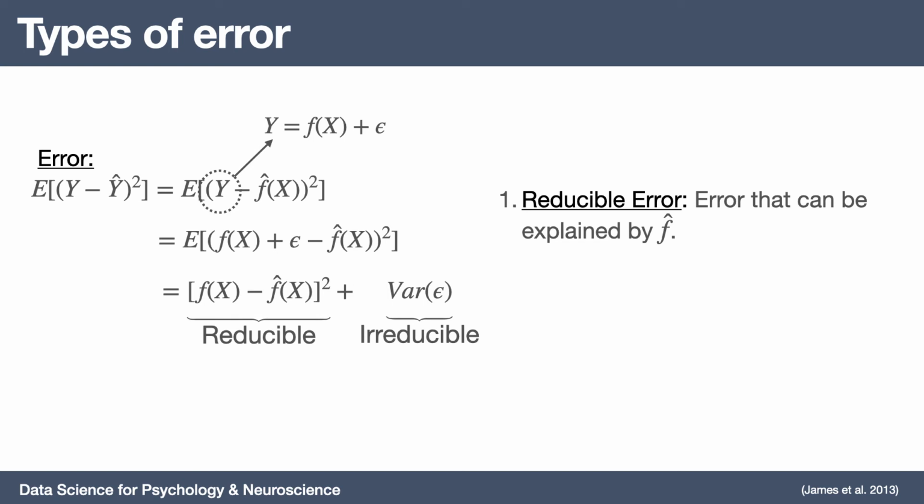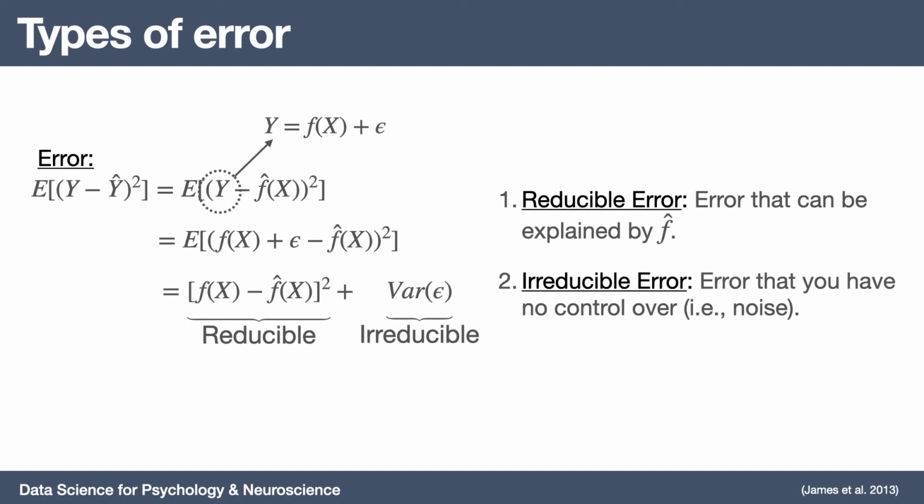On the other hand, that mean squared error of the epsilon term really boils down to the irreducible error. And this is error that you have no control over. We often just call it noise. So some things you have control over largely through access to x. Anything that's not in x but contributes to y, we call irreducible error.